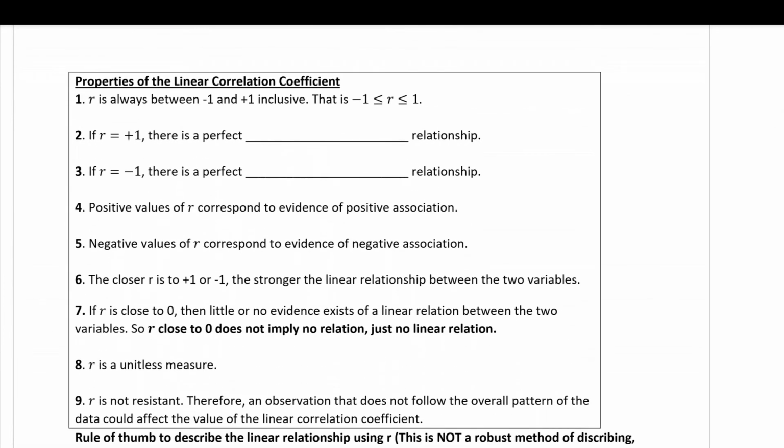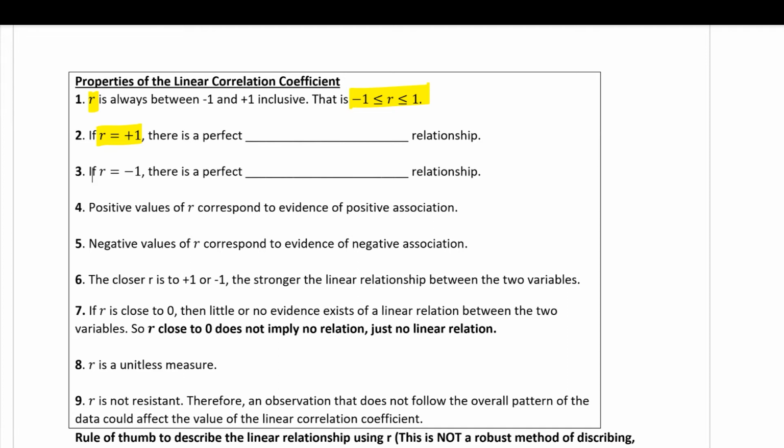Like I mentioned before, the properties here are that this r value always lies between -1 and 1 inclusively. Let's talk about the extremes. What if we get an r that's exactly +1? There's only one way for this to happen: if all the points fall on a straight line. There's not one value that deviates from that line.